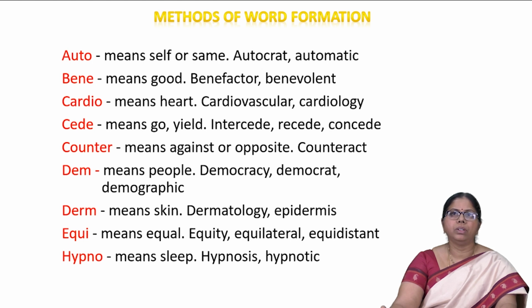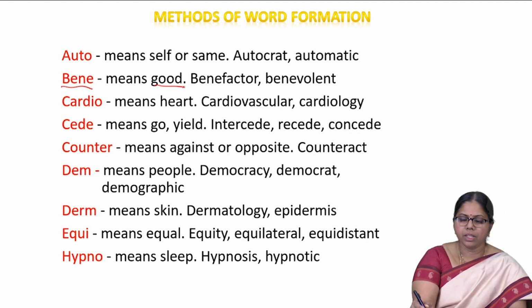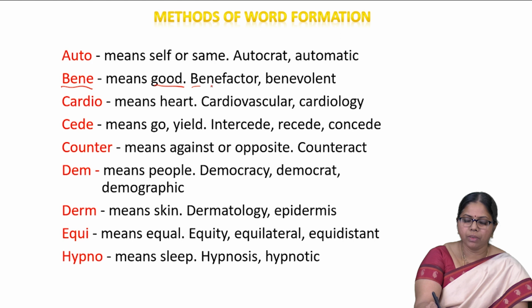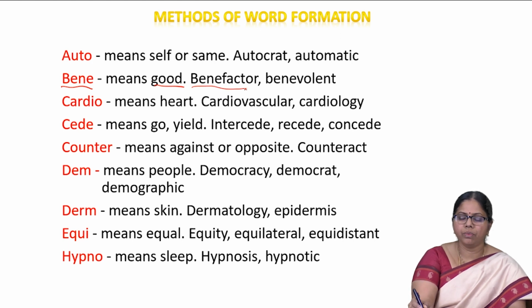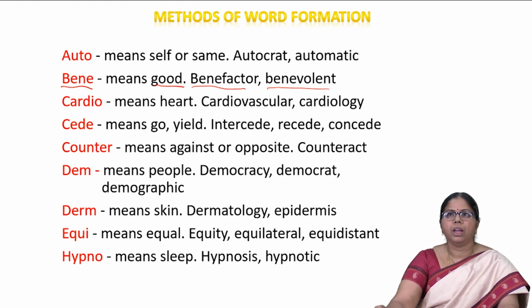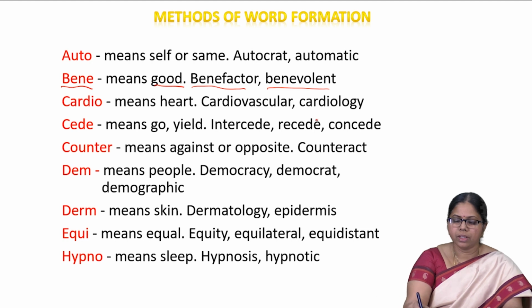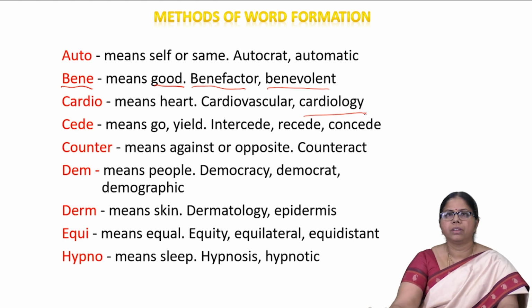Bene is good. If you know that it conveys good, you can easily guess the meaning of benefactor, the factors which are good for us, and benevolent. Next, cardio, which means heart: cardiovascular, cardiology. It's related to the heart. Cardiology is the study of the heart.